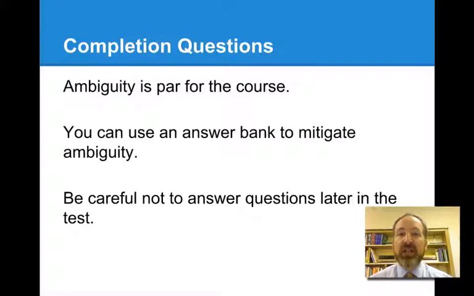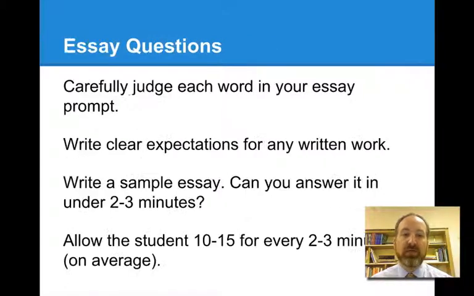The other thing here is to be careful not to answer questions later in the test. If you're testing students for content knowledge to see what they know, you want to be careful that you don't give them the answers. Clever students will very quickly pick up on this and be able to go back into the test and answer questions from other related challenges.